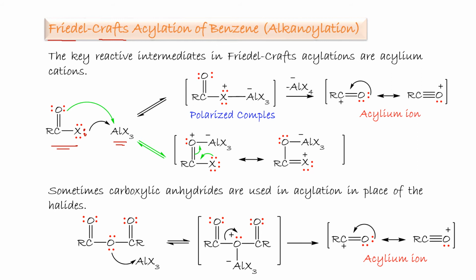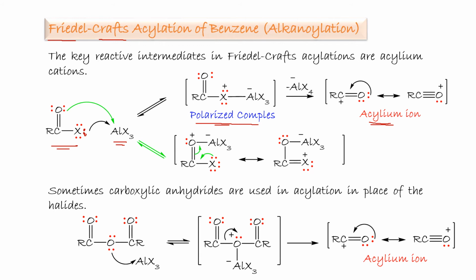So a Lewis acid-base complex will be formed by these reactions. We have two possibilities: either interaction with the lone pair of the halogen to form a polarized complex, which dissociates and forms the acylium ion.